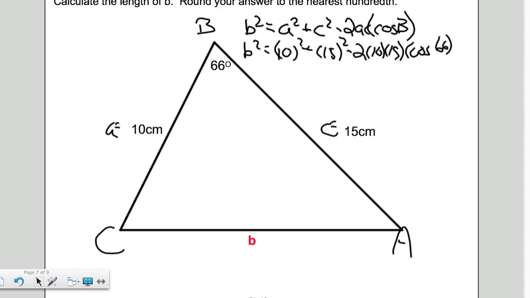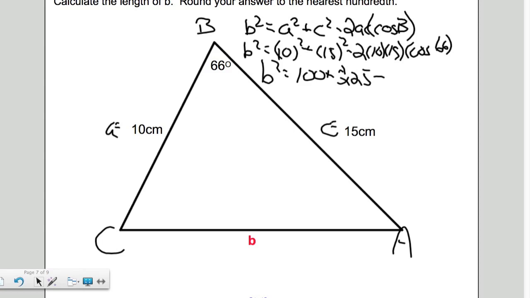So b squared is equal to 100 plus 15 squared is 225. Minus, question, Michael? For when you're doing the 2 times 10 times 15, would you also do the times cos? Yeah, I just do everything all at once.